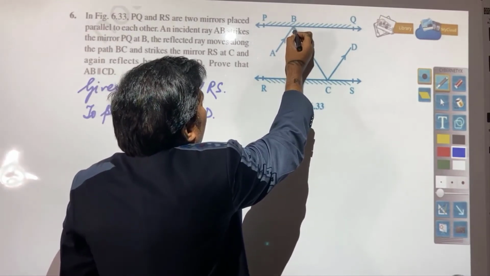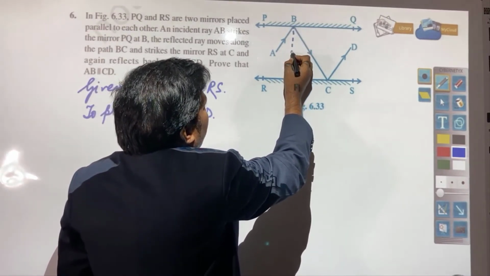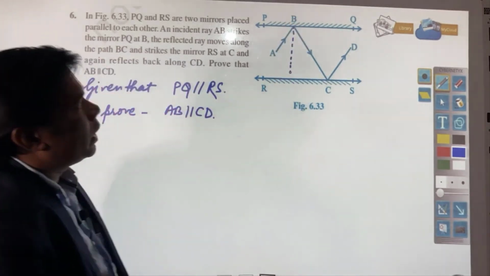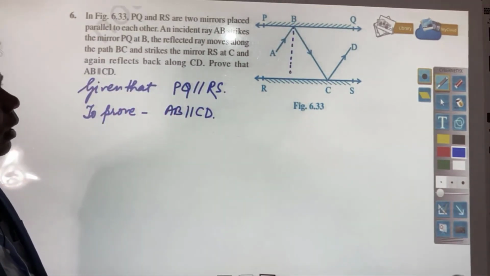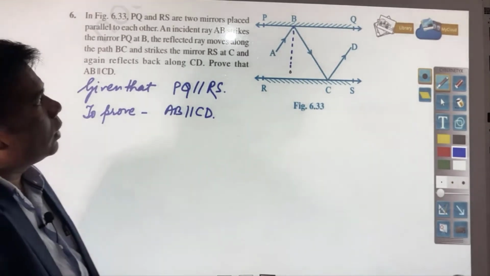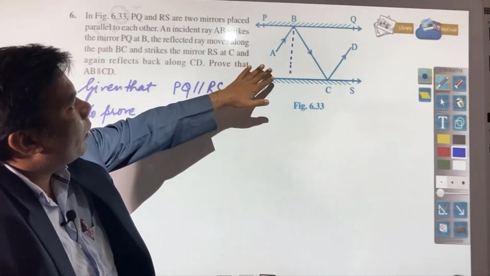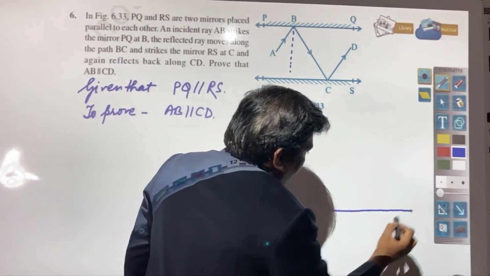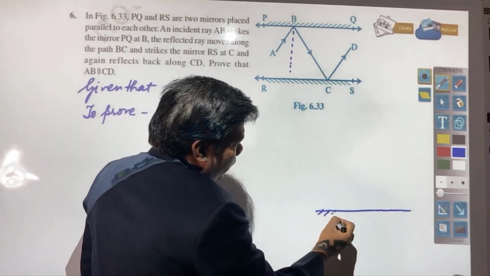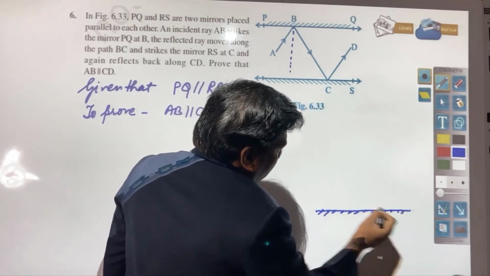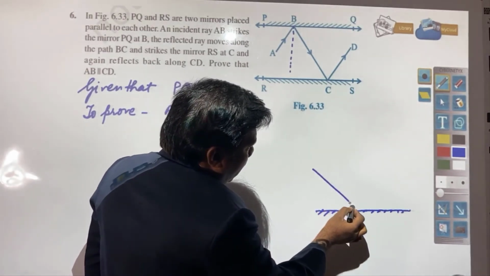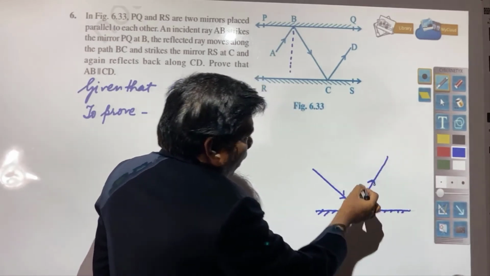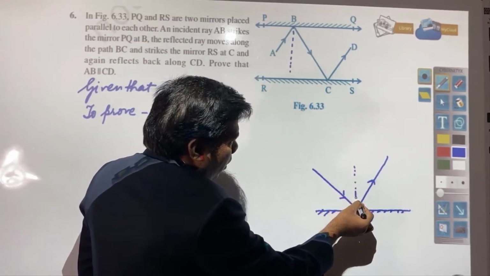Suppose you draw a normal line, or perpendicular, on PQ, and that will be perpendicular on RS also. Here, suppose this is the mirror, this is the incident ray and this is the reflected ray, and this is the normal.